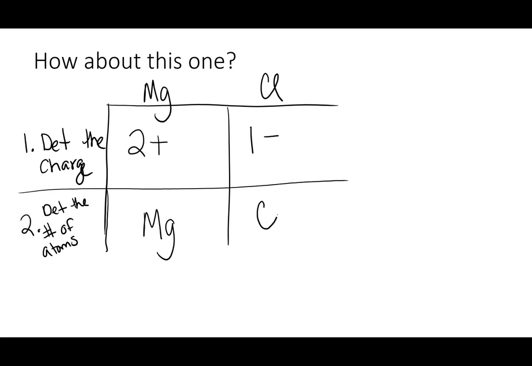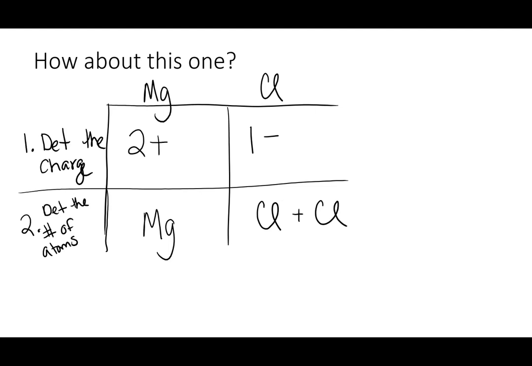Chlorine, on the other hand, we're not going to be able to use just 1. If we use just 1 atom of chlorine, we'd have a positive 2 and a negative 1, and that is not balanced. That is not neutral. So how many atoms of chlorine are we going to need? We're going to need 2.